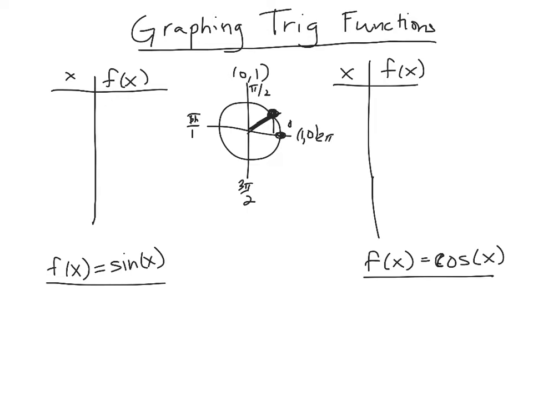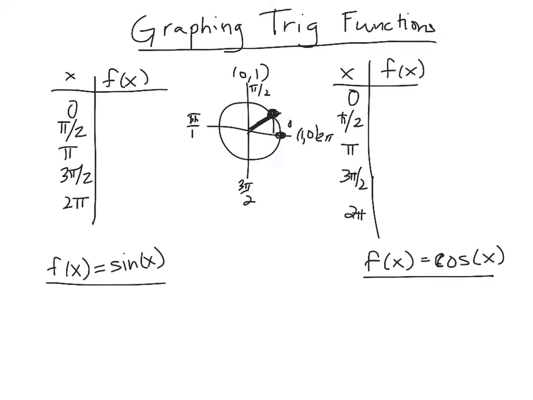We're going to look at those 5 angles to graph sine and cosine. So we want to evaluate sine at these 5 coordinates, and we also want to evaluate cosine at these 5 coordinates.